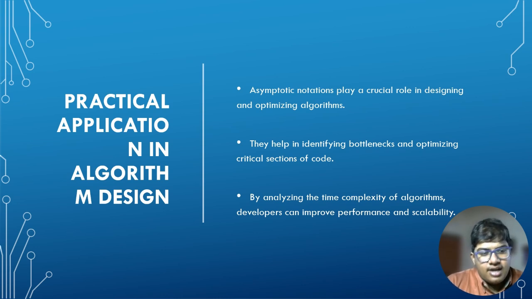Now, the practical applications in algorithm design. Asymptotic notations play a crucial role in designing and optimizing algorithms. They help in identifying bottlenecks and optimizing critical sections of the code. By analyzing the time complexity of an algorithm, developers can improve performance and scalability.